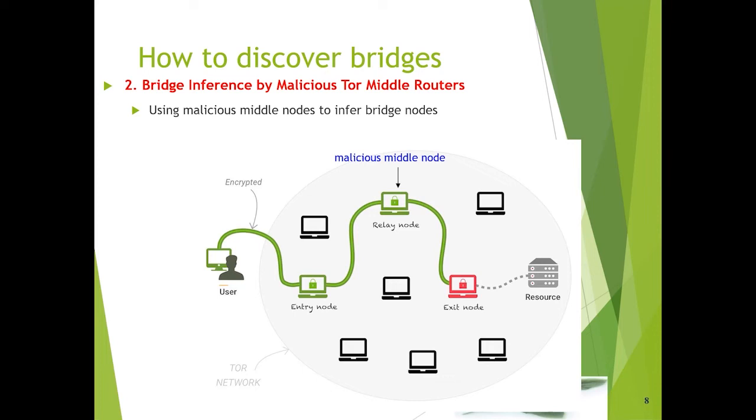By excluding the IP addresses of the known public routers, an attacker obtains the IP information of the bridge nodes. This method requires that the middle node be a controlled node, and the identified bridge nodes only include those transmitting anonymous communication traffic through the controlled middle node. To identify more bridge nodes, the controlled middle nodes must have higher bandwidth to attract more anonymous communication traffic.